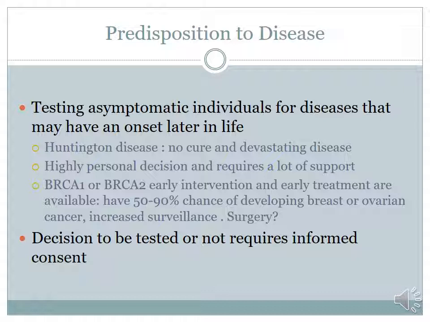But the BRCA1 and the BRCA2, unlike Huntington's disease, allow for early intervention and early treatment. Individuals who have these genes have a 50 to 90% chance of developing breast or ovarian cancer. They'll need increased surveillance and perhaps they will have prophylactic surgery. In the case of those diseases where you have a predisposition to a disease, the decision to be tested or not requires informed consent.